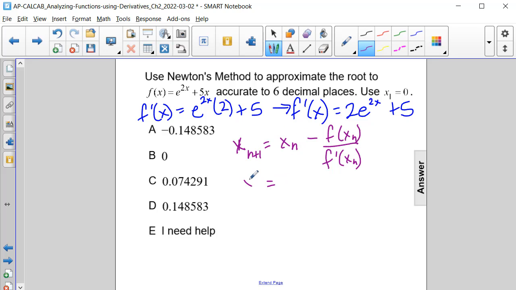So our x2 will be equal to x1, which is 0, minus the function evaluated at 0, so that'll be e to the 2 times 0 plus 5 times 0, divided by the derivative evaluated at 0, so 2e to the 2 times 0 plus 5.